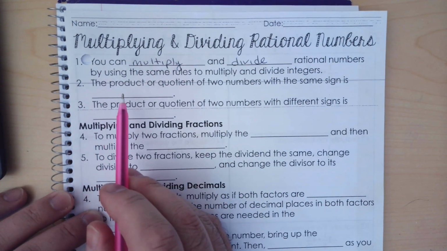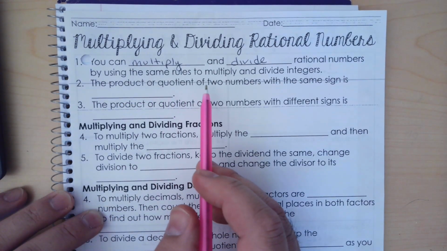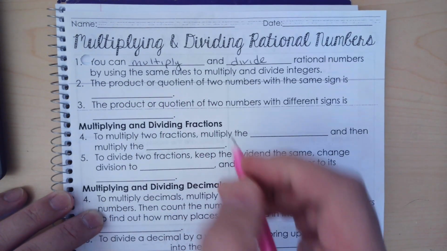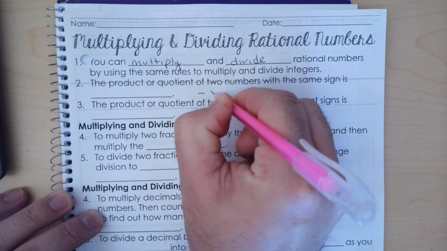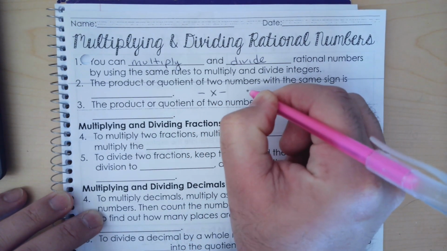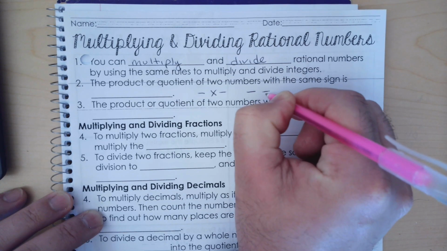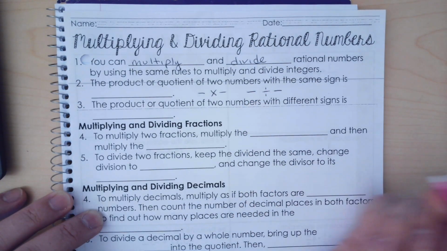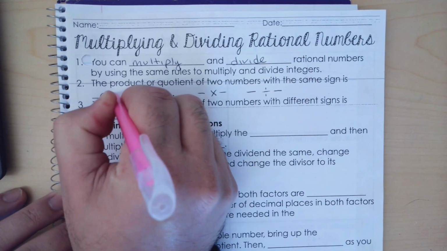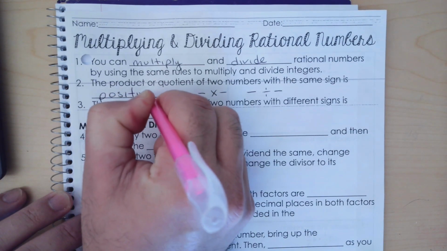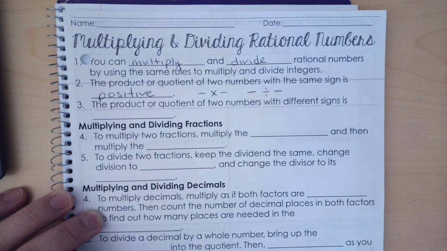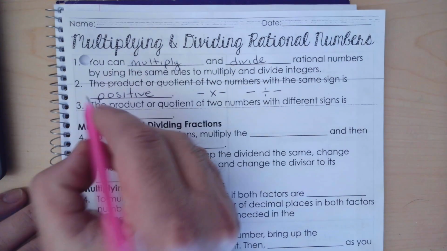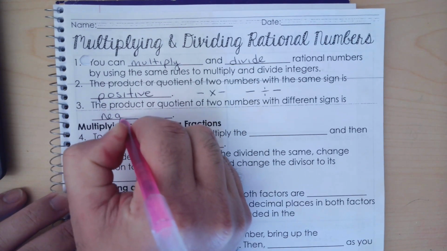So the product or quotient of two numbers with the same sign, like a negative times a negative, or a negative divided by a negative, is always positive. The product or quotient of two numbers with different signs is the opposite, it's negative.